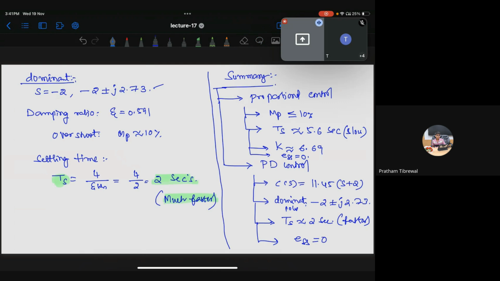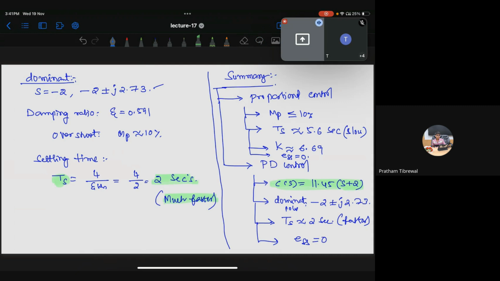If you consider C of S as this expression and draw the root locus again, the root locus will have the same shape but be shifted to the left. Any queries on this?